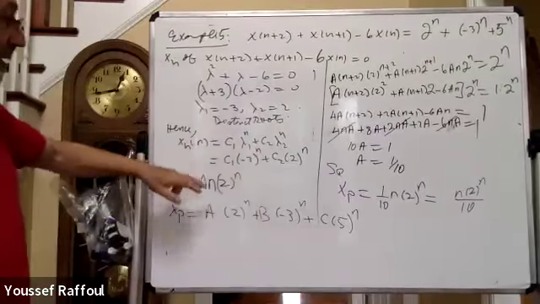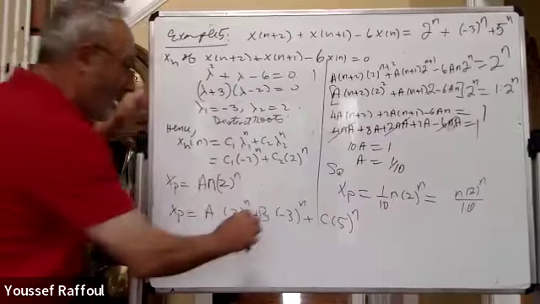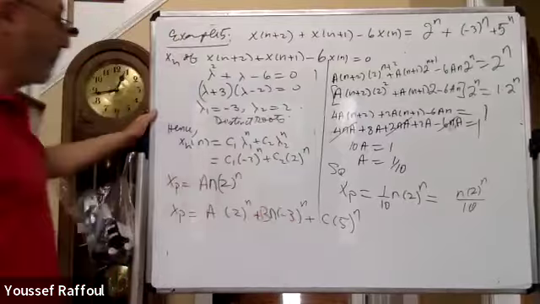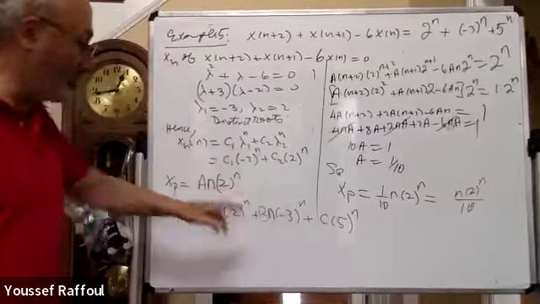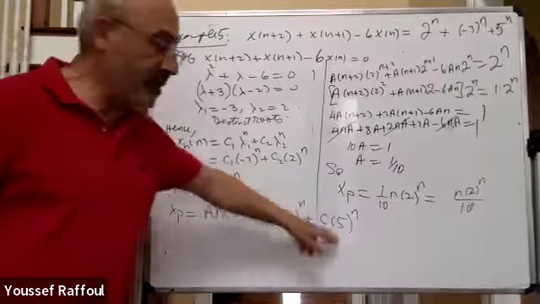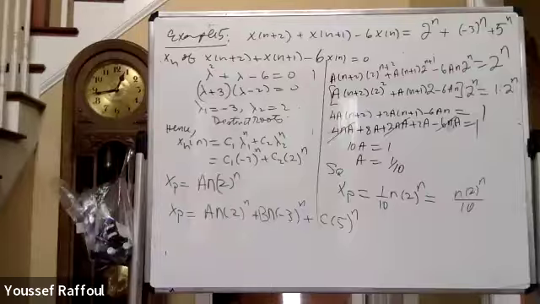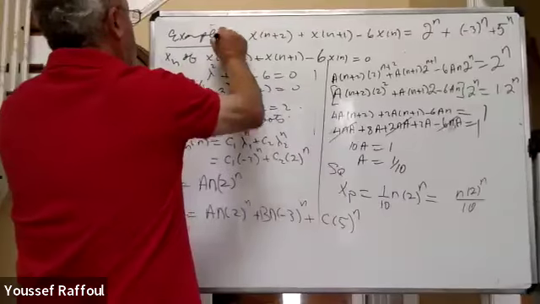Now look back at xh. Minus 3 to the power n is present, multiplied by n. 2 to the power n is present, multiplied by n. 5 to the power n is not, leave it alone. I think this is the answer to your question. Yes, thank you. All right, so that will be example 6 now.